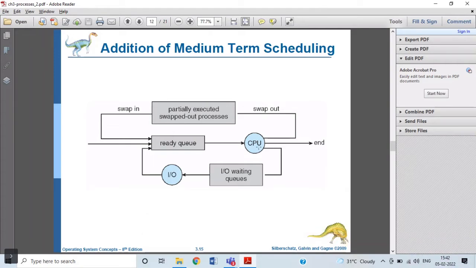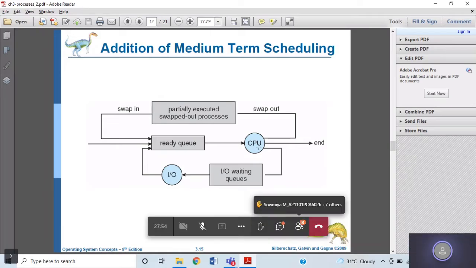Whenever a process is swapped out, partially executed and swapped out, it is again swapped into the ready queue. This is called the medium-term scheduler. So the medium-term scheduler swaps the swapped-out processes back into the ready queue.